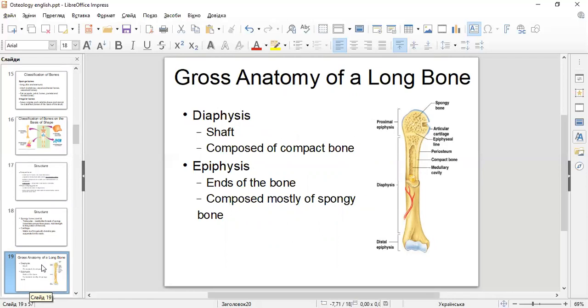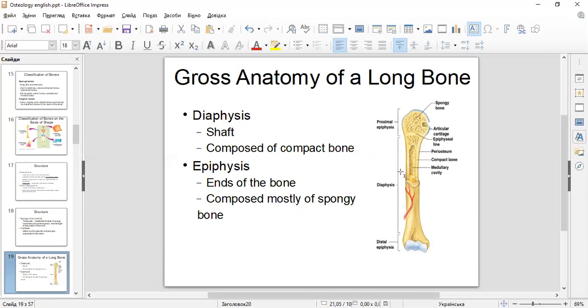In the picture, you can see a long tubular bone with diaphysis and epiphysis. The diaphysis is the central portion of the tubular bone, the epiphysis the peripheral portion.